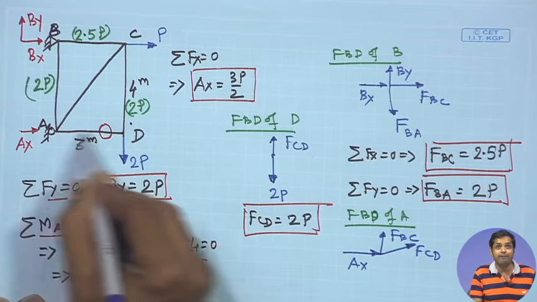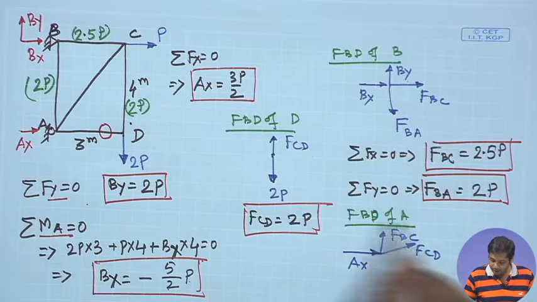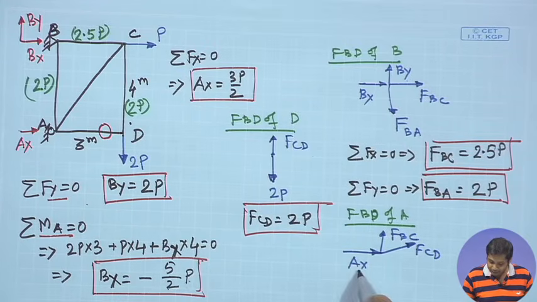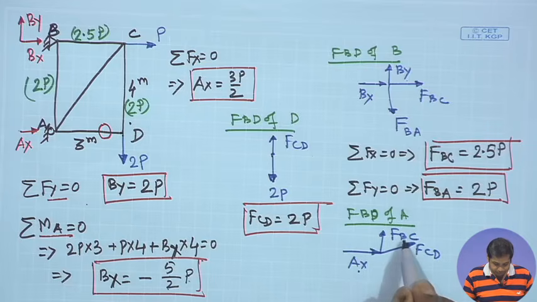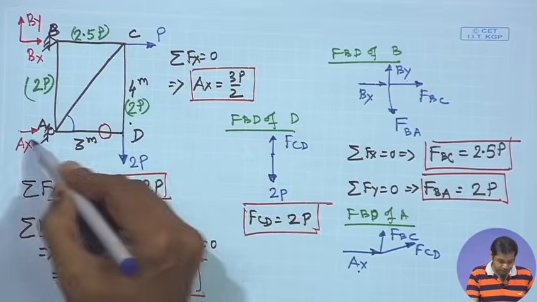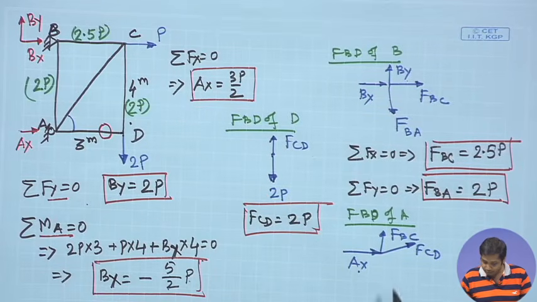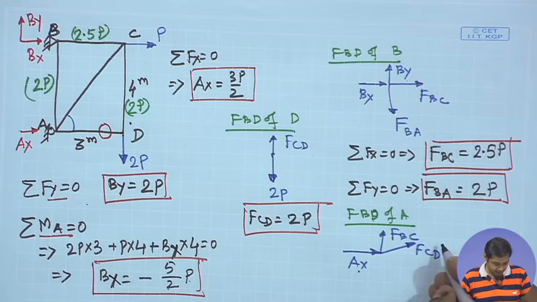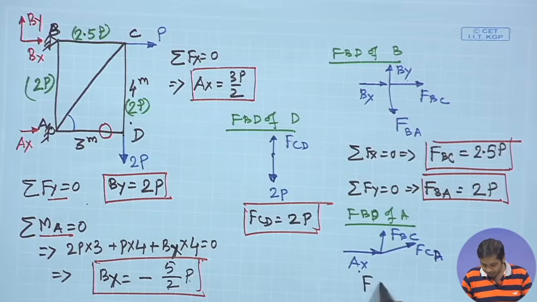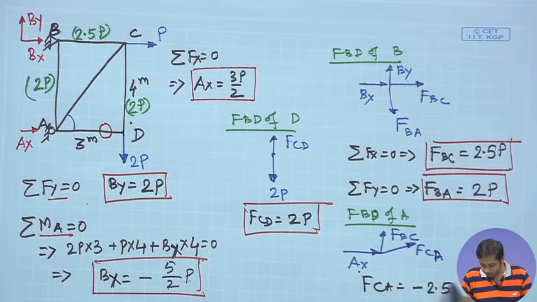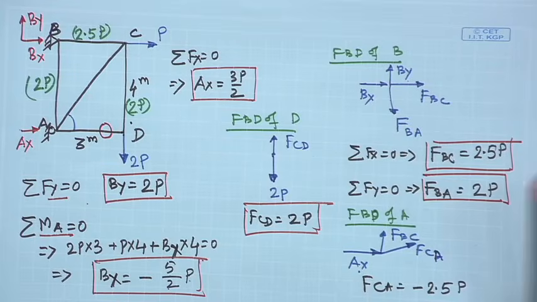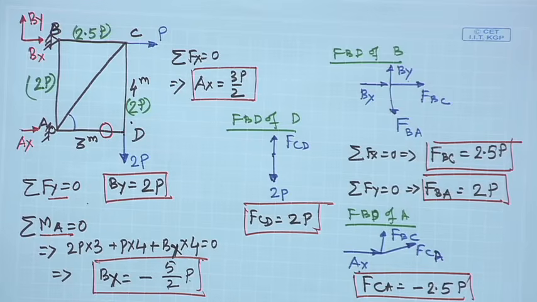There is force FAD also, but since FAD is a 0 force member, we are not showing it explicitly. The value of Ax is already obtained, the value of FBC is already obtained, and we know this angle because this is 4 meter, this is 3 meter. If we apply the equilibrium condition, we get FAC is equal to minus 2.5p.